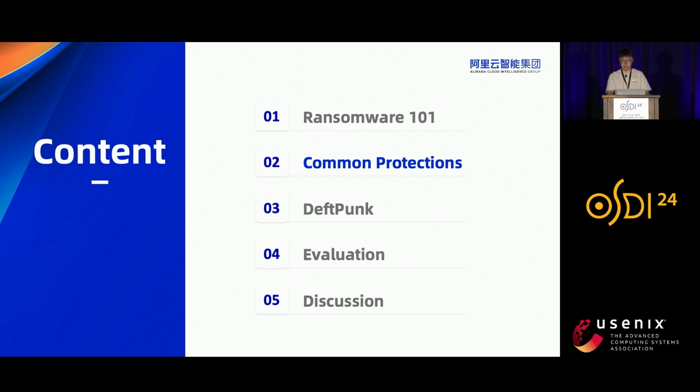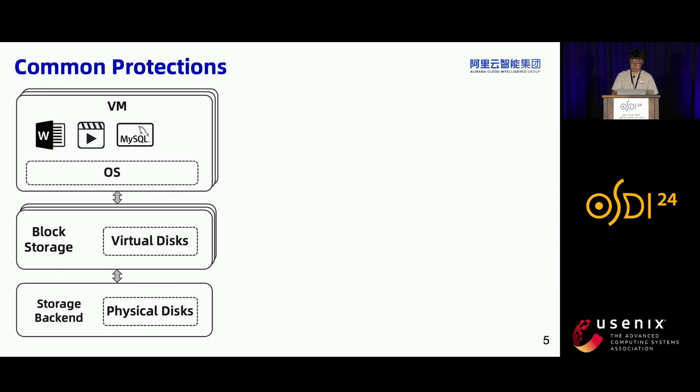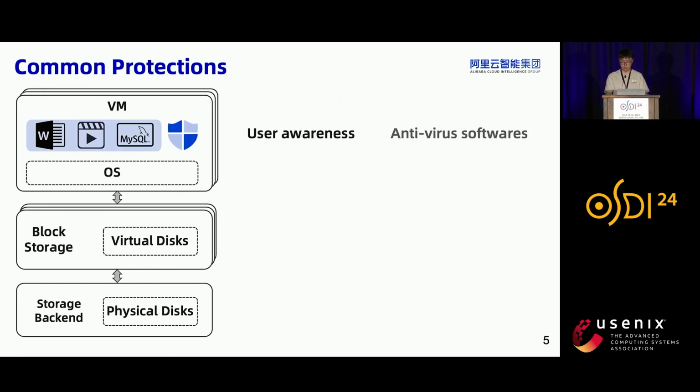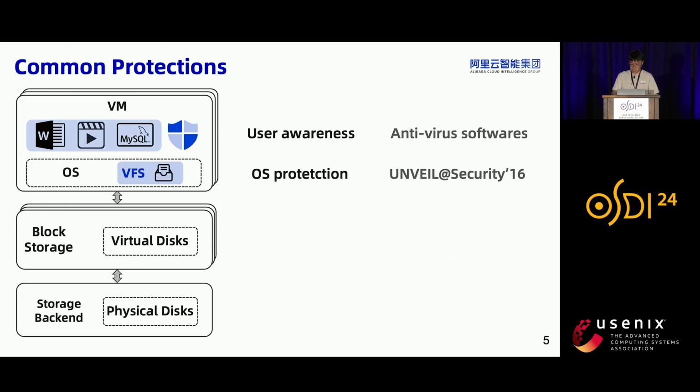Currently, there are several defense mechanisms aimed to defend against ransomware. So, we categorize the mechanisms into 4 categories. On the top level, it is important that the user should be aware of such attack modes and install antivirus software. Secondly, they can also patch the OS for better protection, like the work unveiled at USENIX Security 16.